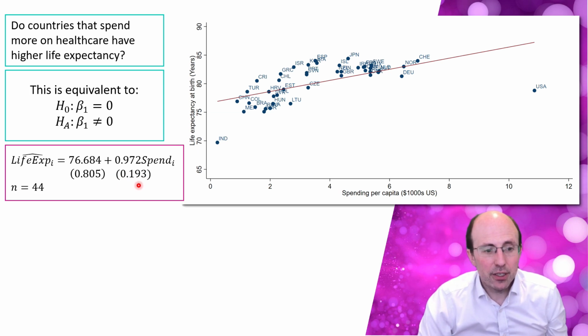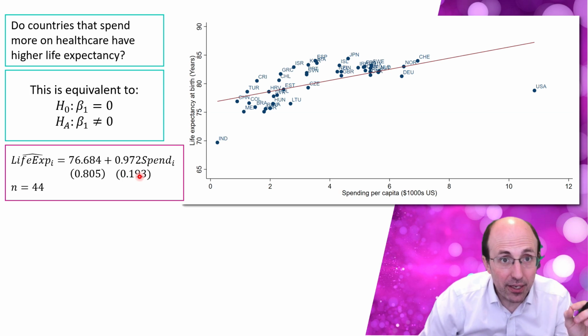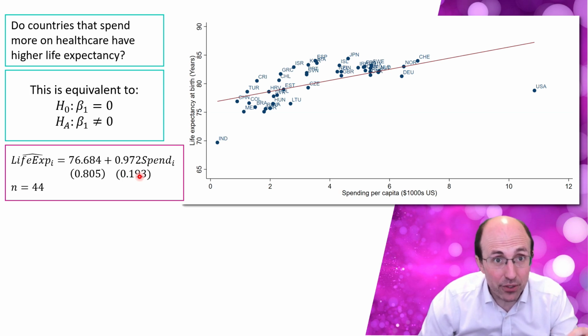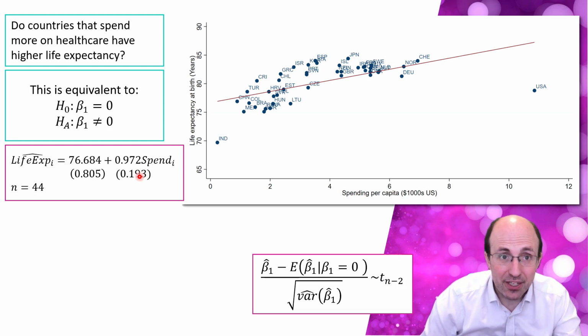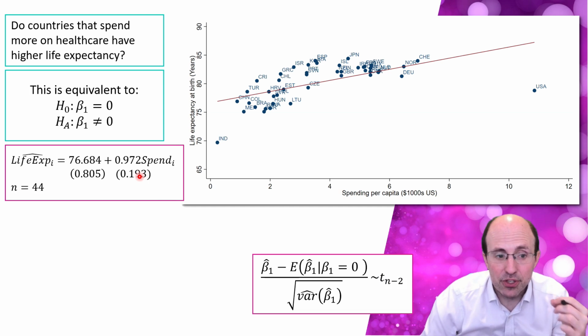So here, this 0.193 is the estimated standard error of beta 1 hat. This is the square root of the estimated variance of beta 1 hat. So we can plug these numbers into our test statistic and then compare with the critical value from the t-distribution.